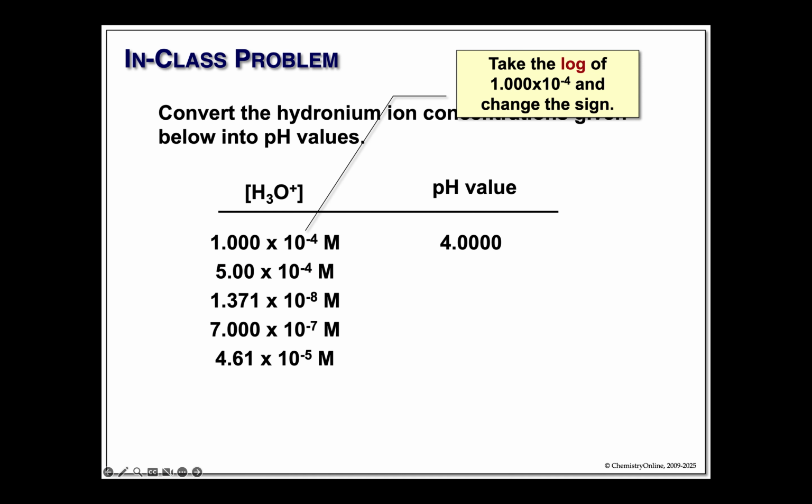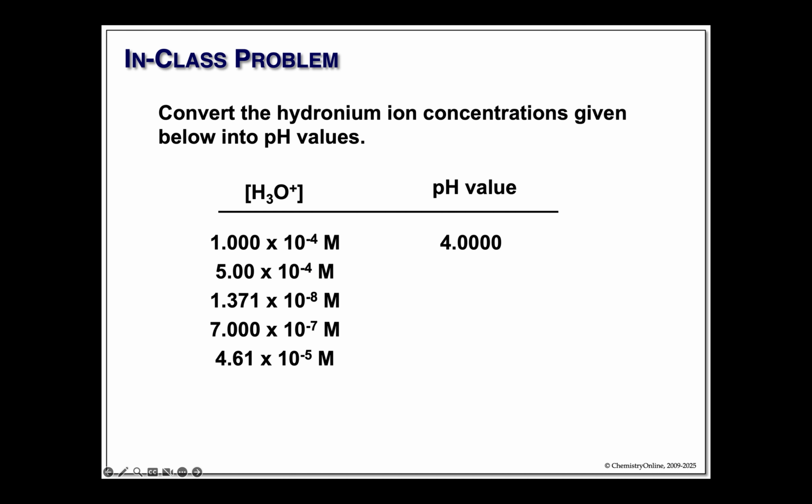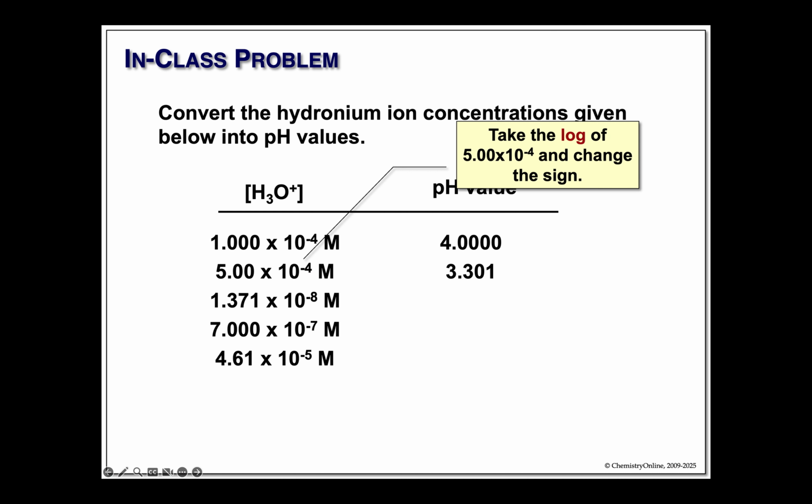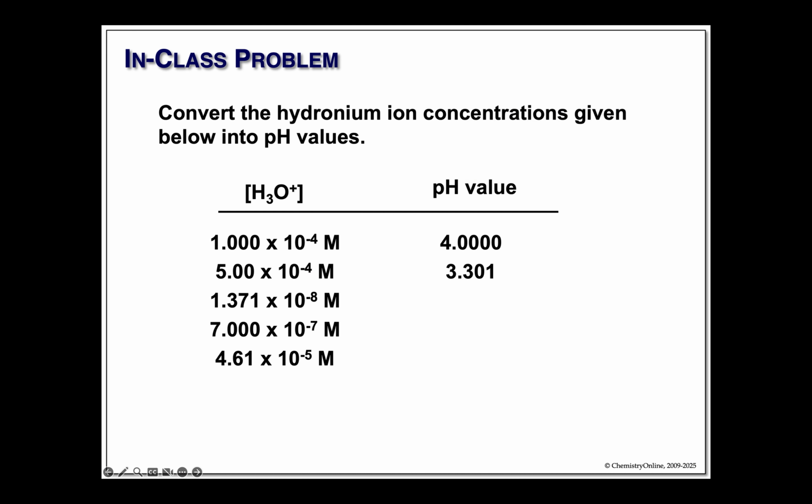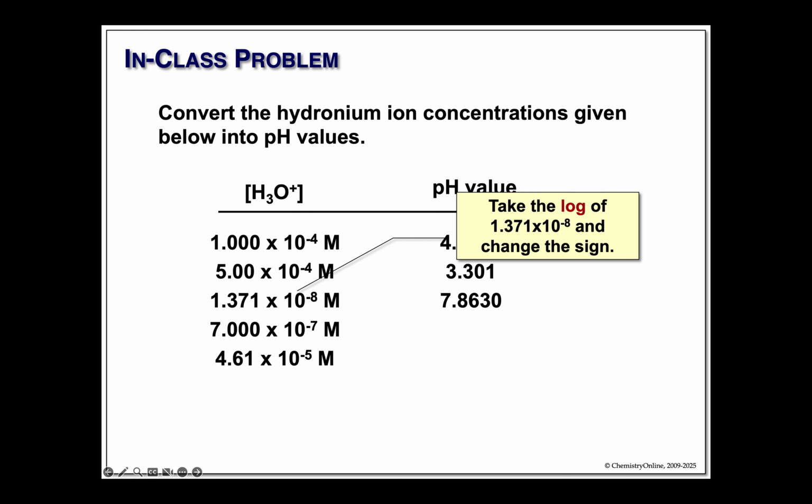Then take the log of 10 to the minus 4, change the sign. 5 times 10 to the minus 4, type that in, hit the log button, change the sign, 3.3. 1.371 times 10 to the minus 8, type it in, hit log. Sorry, change the sign, 7.86.